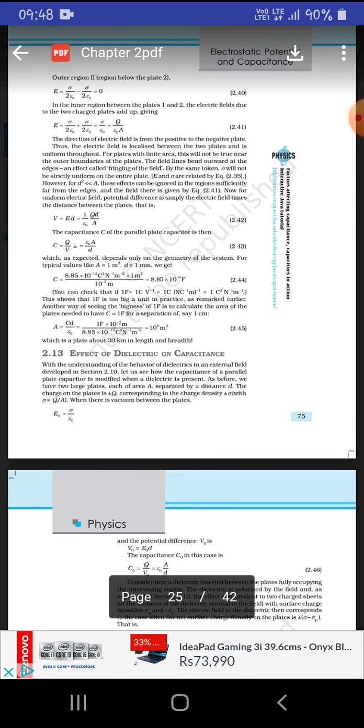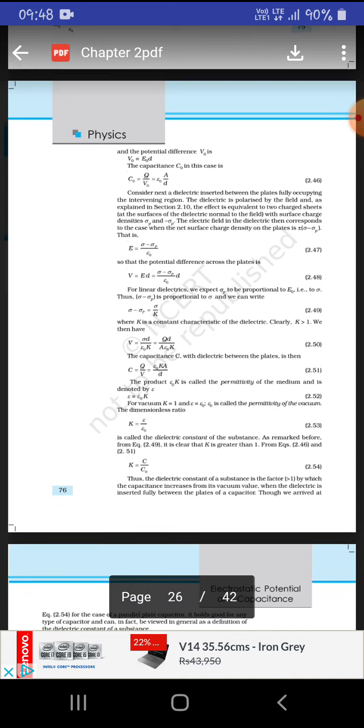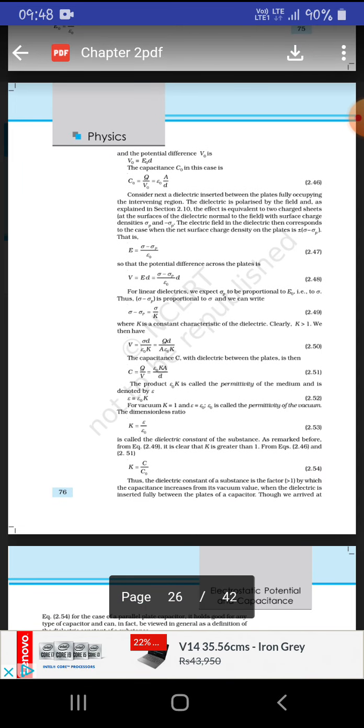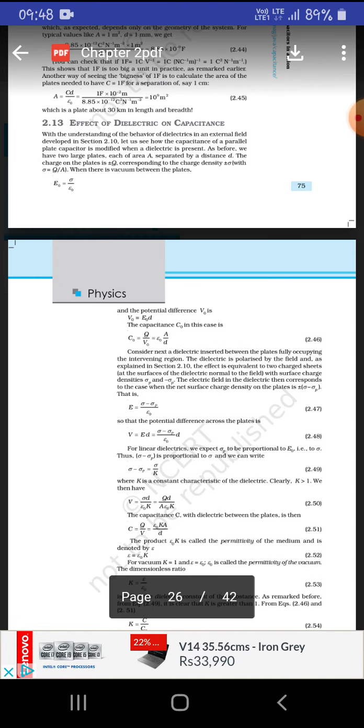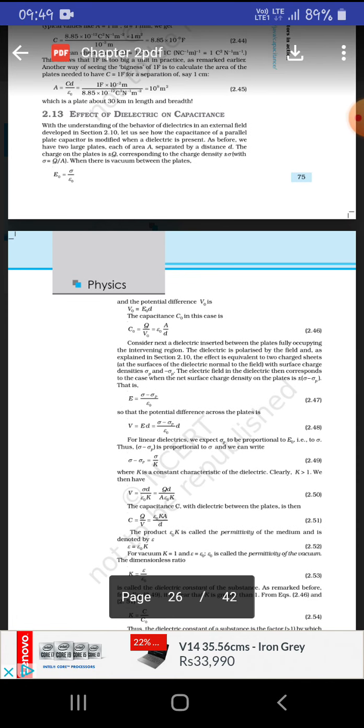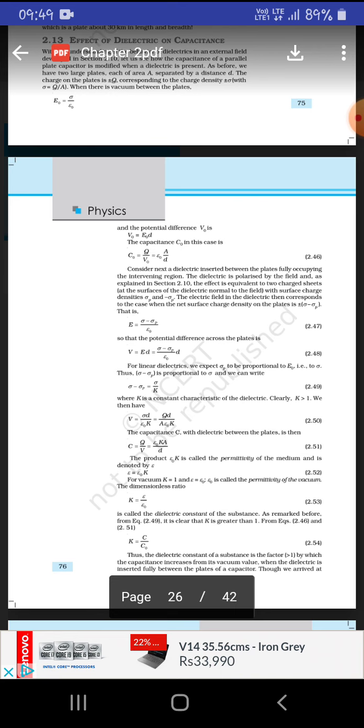Now, what is the effect of a dielectric on capacitance? Let's take V0 is equal to E0 d, so C0 is equal to Q by V0, which is equal to epsilon 0 A by d. Let's take it as the capacitance C. With the dielectric, E is equal to sigma minus sigma P by epsilon 0, and V is equal to E d.